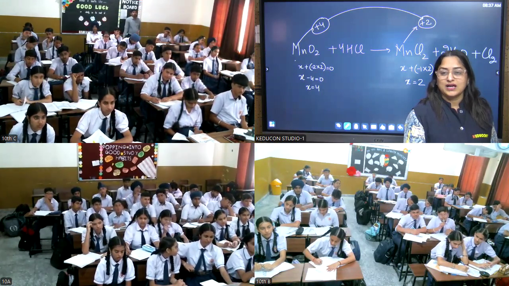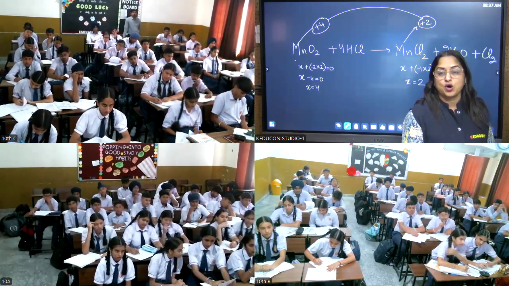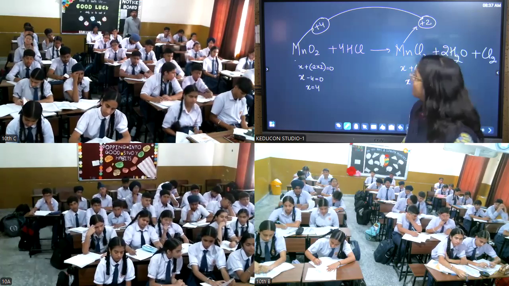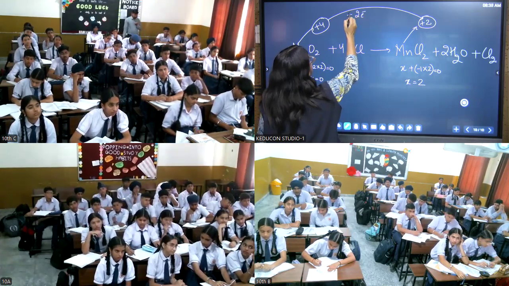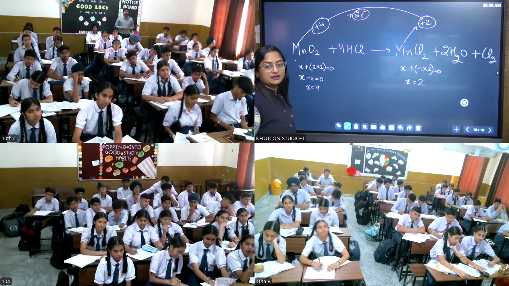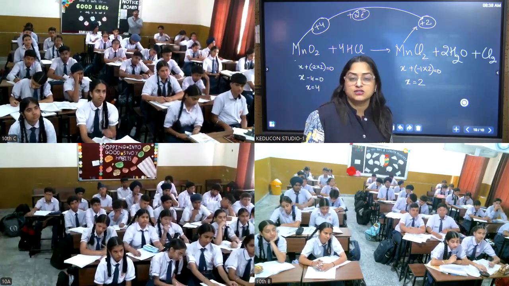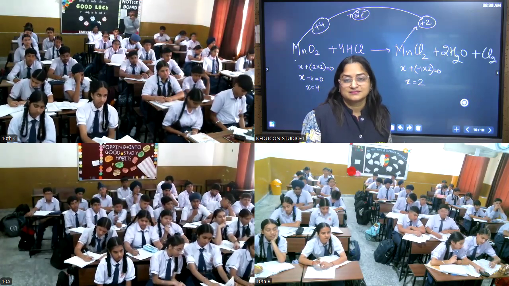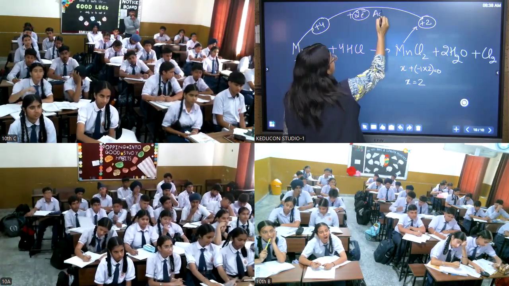No. It will be done with the help of gain of electrons. Positive charge है ना? Electrons अगर आप लोगे, 2 negative अगर आप इसमें add करोगे तभी ये +4 से +2 जाएगा. So addition of electron you have to do and addition of electron is called reduction. Getting reduced.